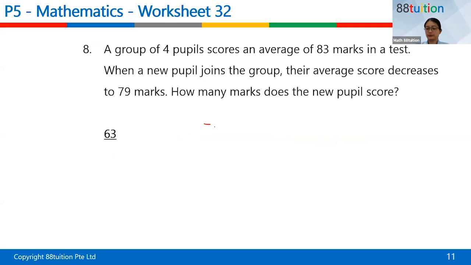We find the total, right? Okay, that's 332. So when the average decreased to 79, we can still find the total, right? Of the 5 people.